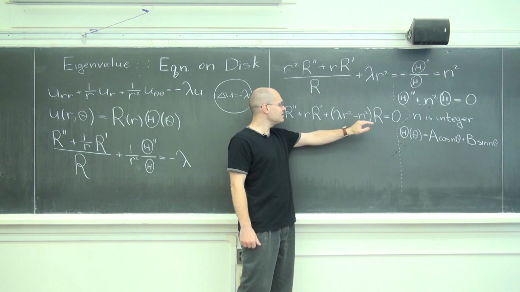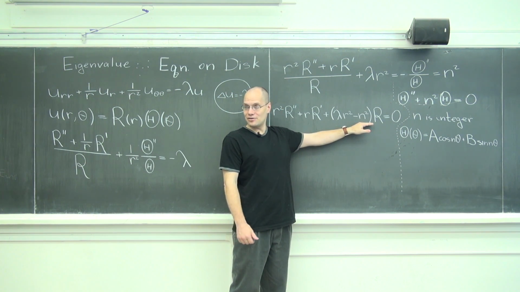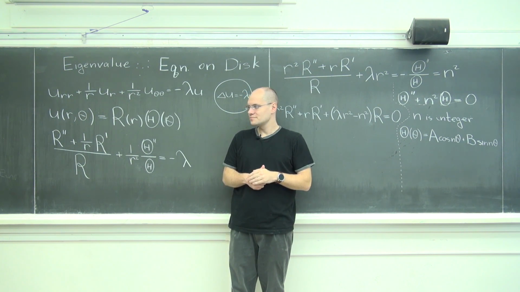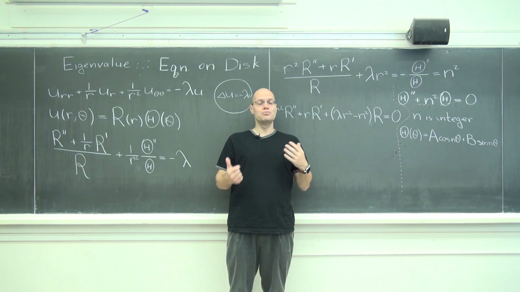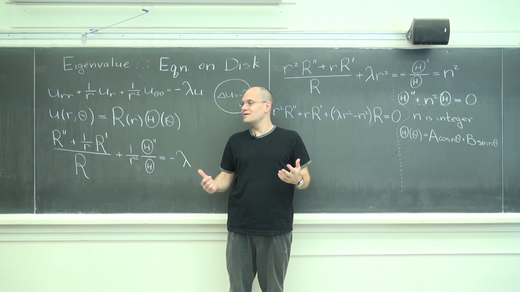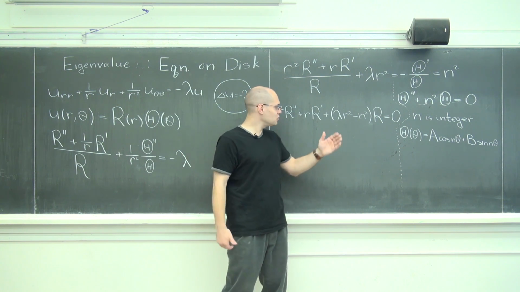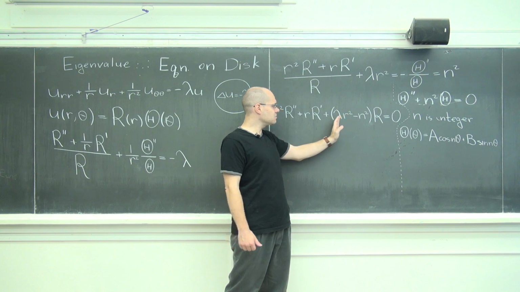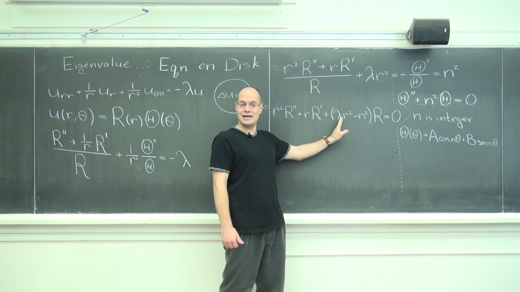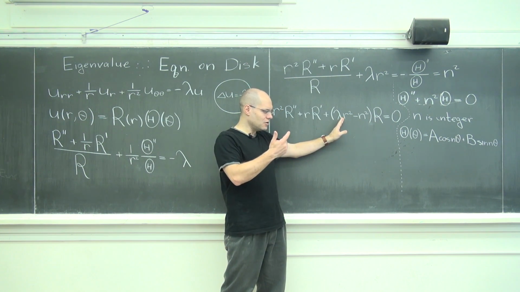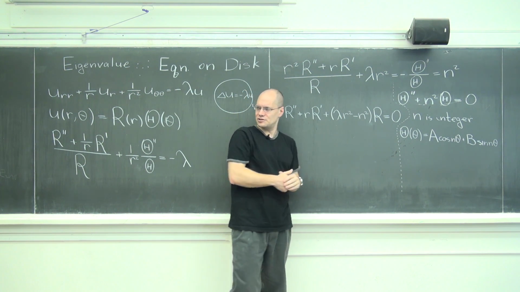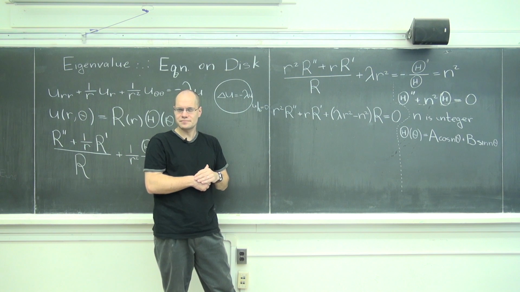But I think what's a little bit upsetting about this equation is that there are two parameters. That means that this would be a two-parameter family of functions. We have to solve this equation for any given integer n, and then supposedly for any given lambda, and then somehow from whatever we obtain decide what lambda needs to be so that the boundary conditions are matched.